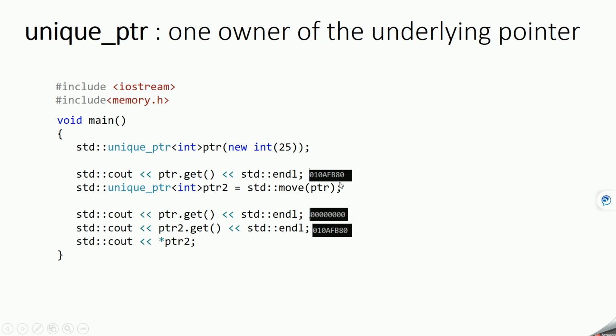And this line will give you the address of the memory which was pointed by ptr, and which is now getting pointed by ptr2.